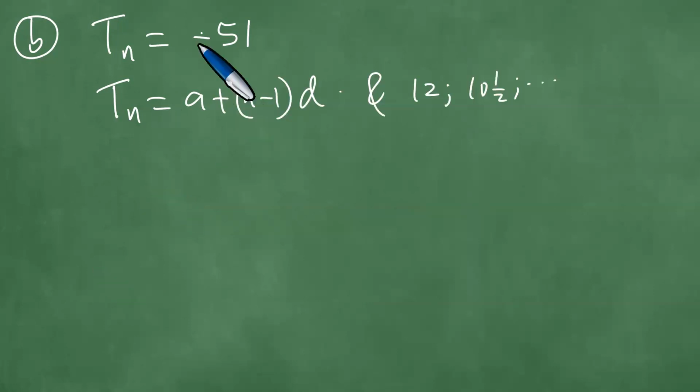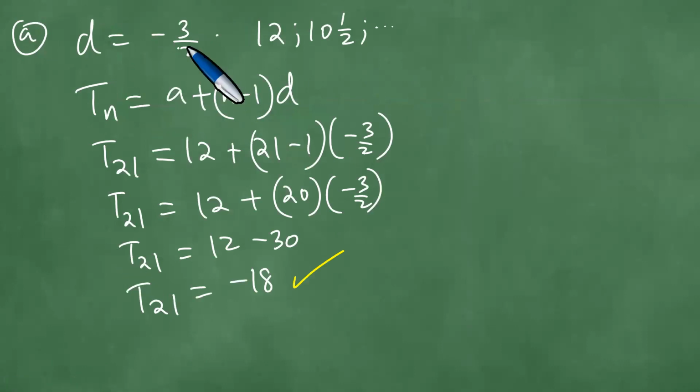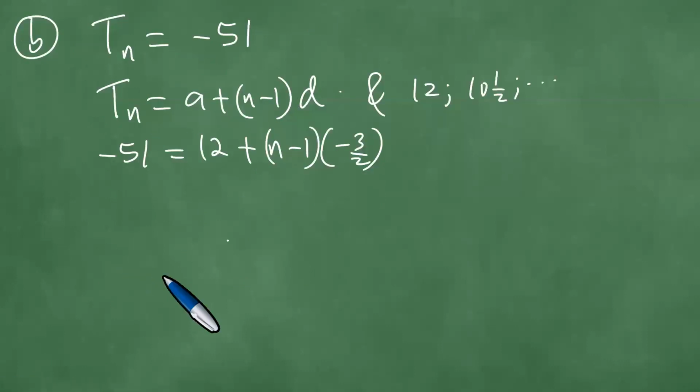Now, which term is this? That is what they want to know. That term is minus 51, and the first term in the sequence is 12. But we don't know n because we don't know which term is minus 51. The common difference we've already seen is minus 3 over 2. We just need to solve for n.